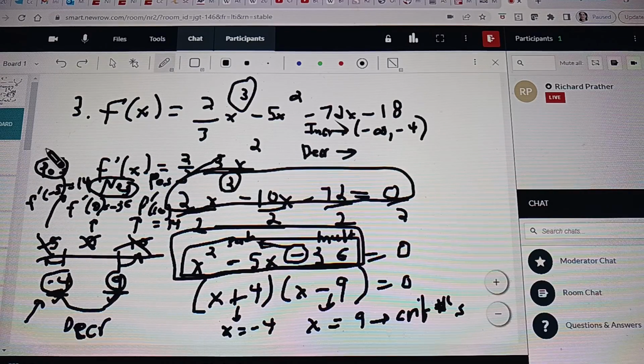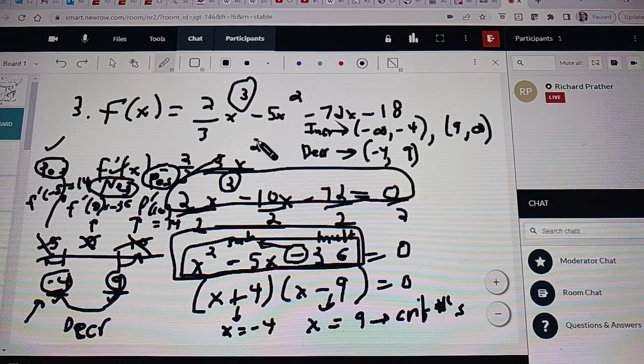But sometimes the first region is positive and the second one could also be positive. That can happen. It's not a guarantee that it switches every time you go to a new section. It just did so here. So from negative 4 until I get to 9, I'm decreasing. And then I'm going to put a comma because then I'm increasing after 9. From 9 all the way to infinity, it's back to increasing again.